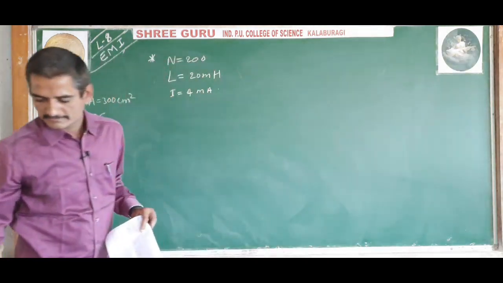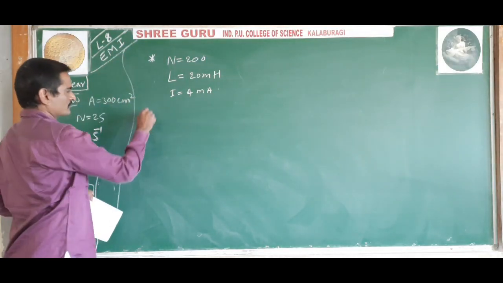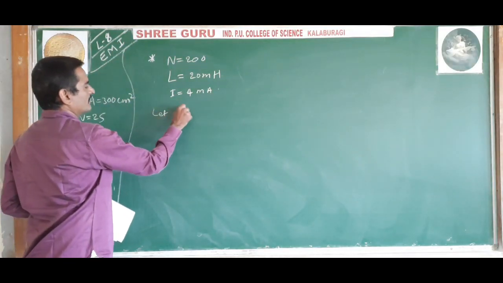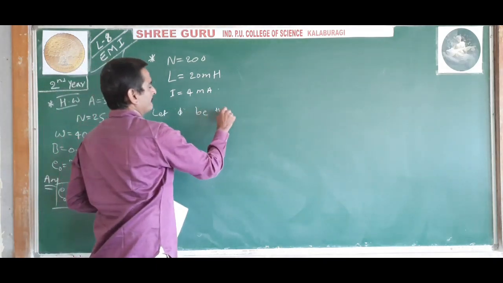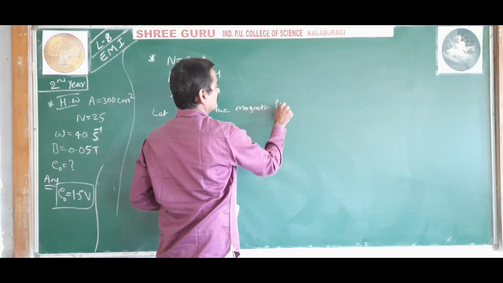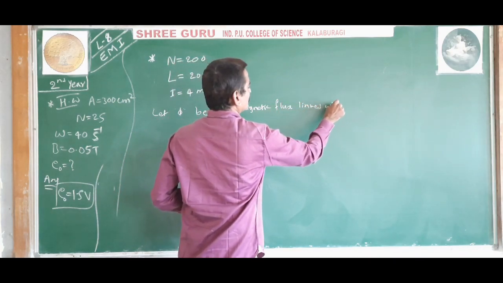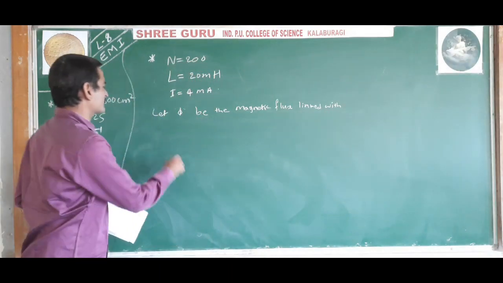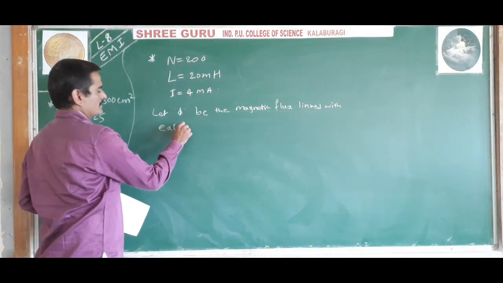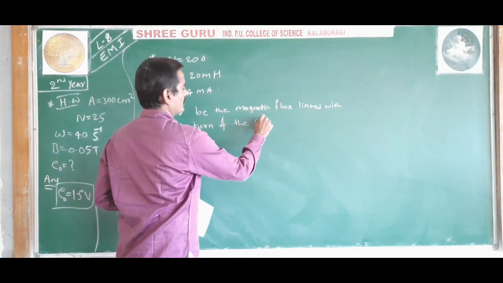Okay, see here, how to solve this one? Simple question. Let phi be the magnetic flux linked with each turn of the coil.